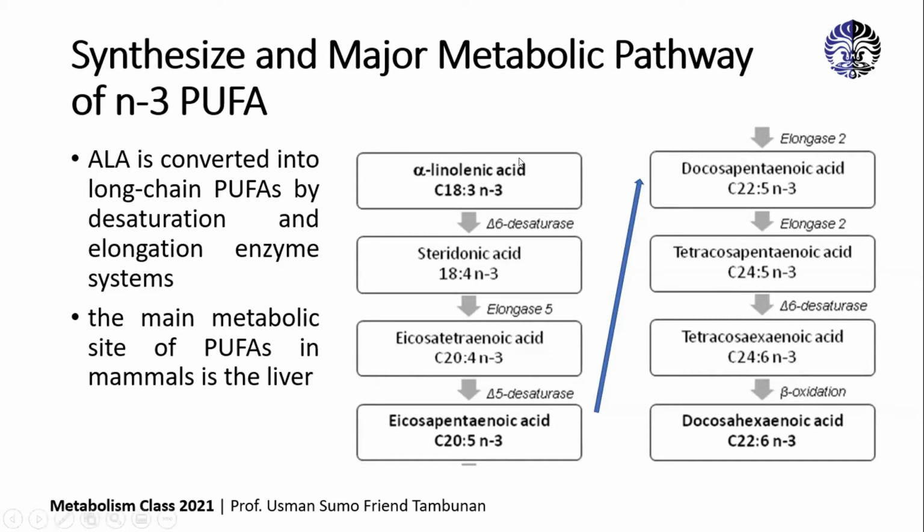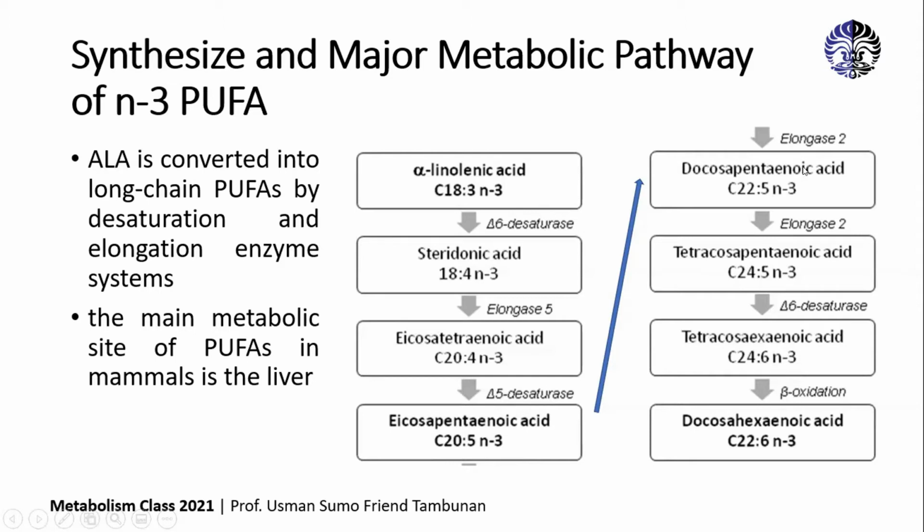In the picture, we can see the alpha-linolenic acid metabolized by delta-6 desaturase into stearidonic acid, and with the help of elongase 5, becoming eicosatetraenoic acid, and with delta-5 desaturase, becoming eicosapentaenoic acid, or EPA.